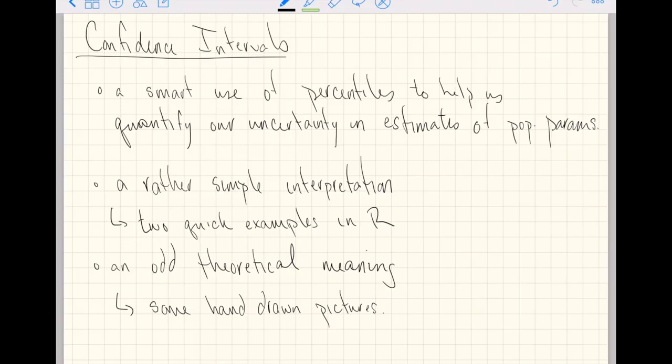Okay, it comes along with a rather simple interpretation, and in fact that's what I'll do first in this video, is just two quick examples in R. And from there we will come back to this application where I can draw pretty hand-drawn pictures for you to discuss the rather theoretical meaning of confidence intervals. So let's just jump into R and get started.